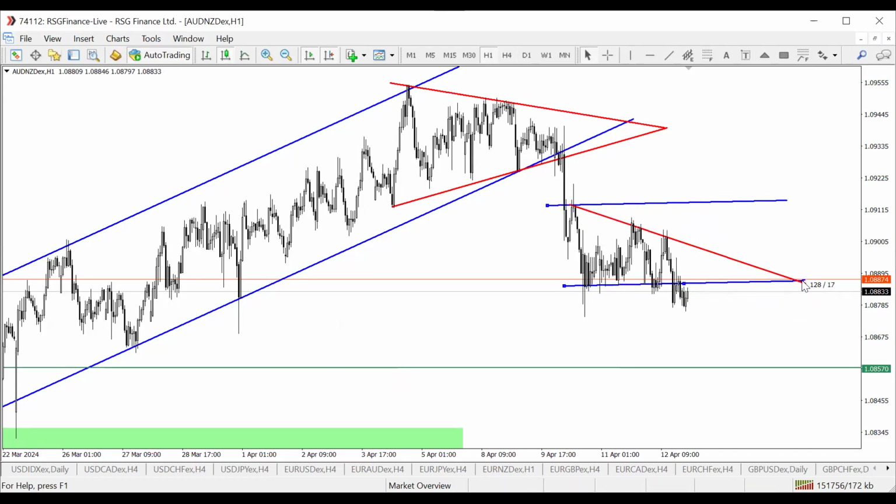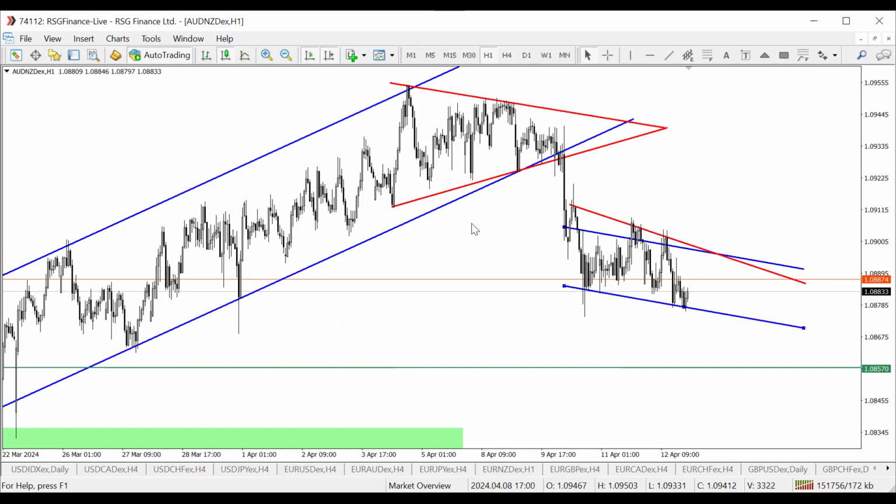Probably we are seeing a breakout already. Probably this is the channel. Or maybe we're still seeing the gradual formation in this direction. So whichever way, guys, you can choose for yourself. I believe you already understand how I run my analysis. So I'm just giving you my opinion. So probably you know the answer to this.